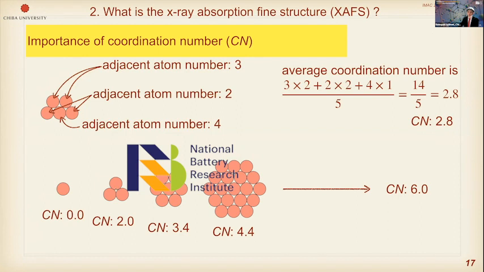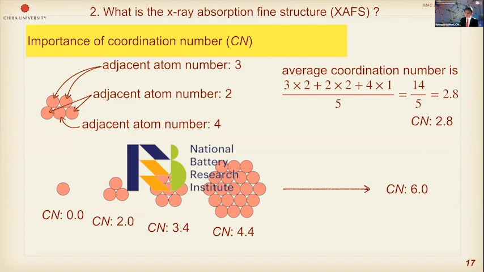Because by increasing the number of atoms gathering, in this case 3 atoms, and this 7 atoms, I calculated 15 or like that. Then the circle size is increasing and the coordination number was increasing.